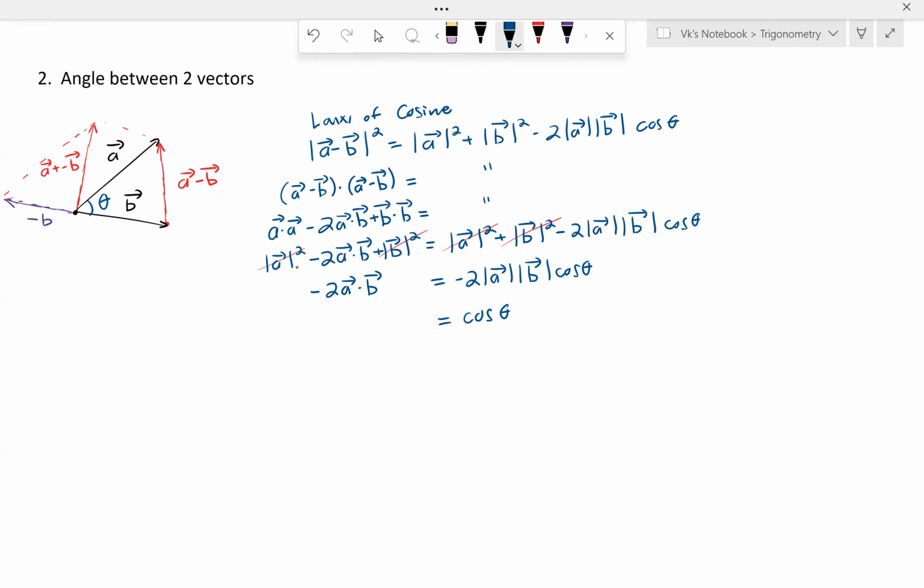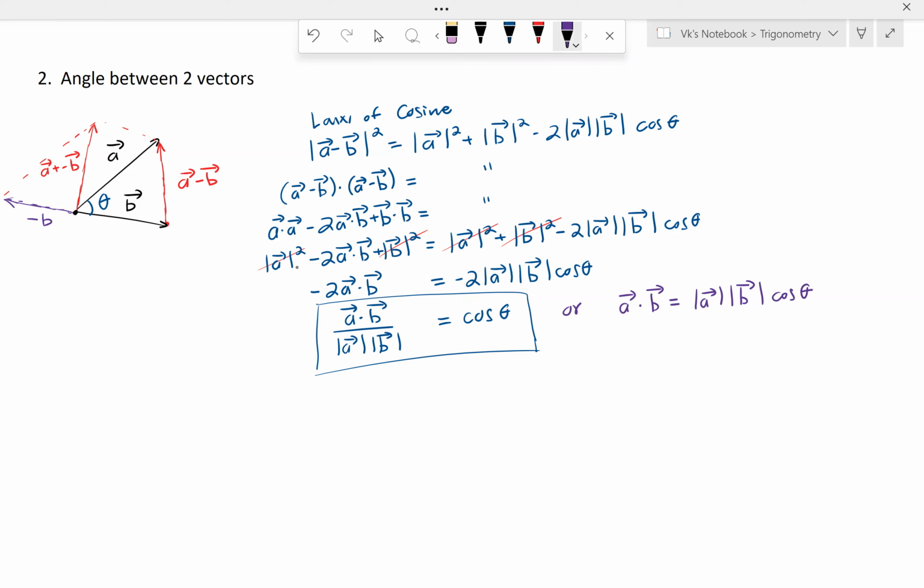You can divide both sides by minus 2 magnitude of A times magnitude of B and simplify the minus 2 to get cosine theta equals A dot B over magnitude of A, magnitude of B. Or you can see that A dot B is the same as magnitude of A, magnitude of B, cosine of the angle theta. Pretty cool.